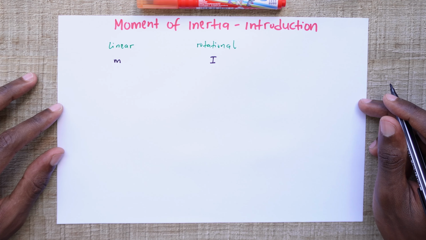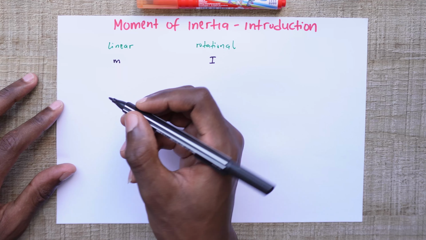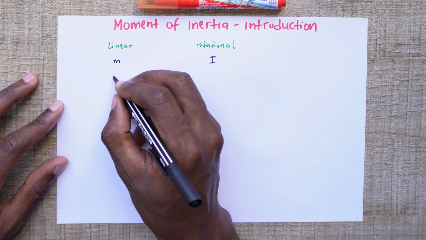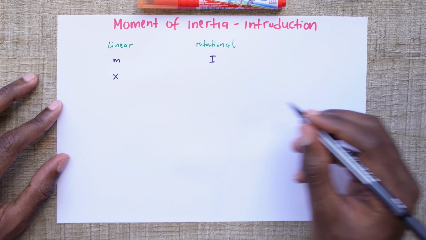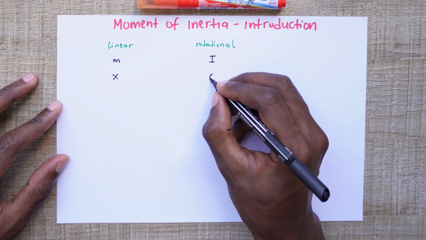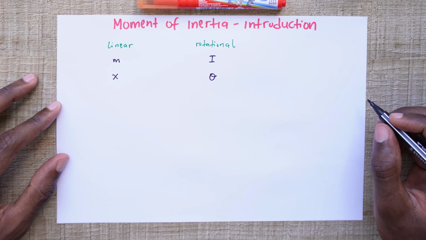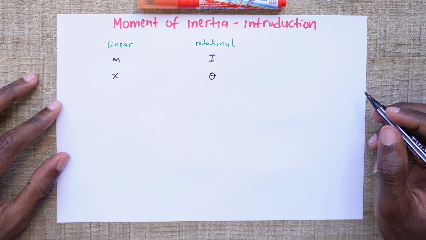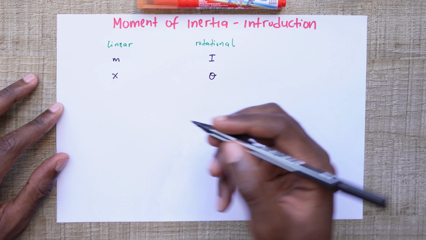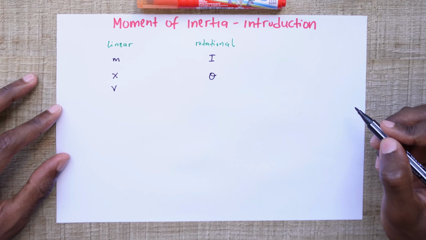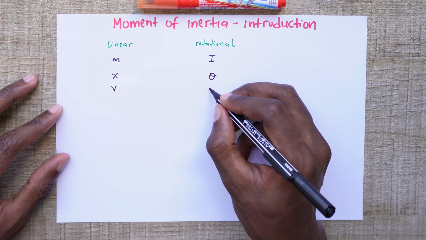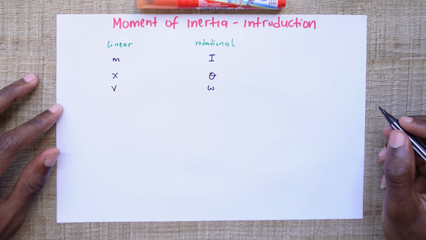Then another quantity, the displacement x in a linear motion, would be analogous to a rotation, and to measure rotation we need an angle theta. If you have a velocity v in a linear motion, then the rotational analog of that velocity would be an angular velocity, omega.